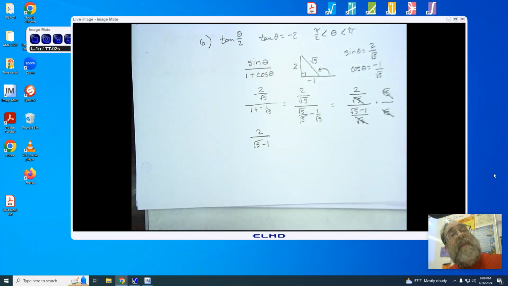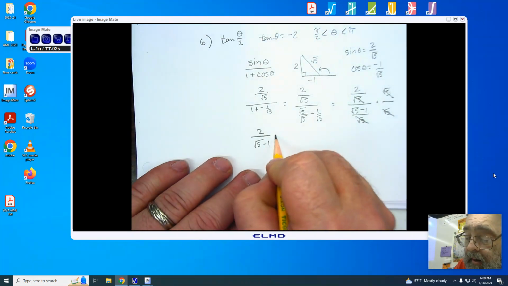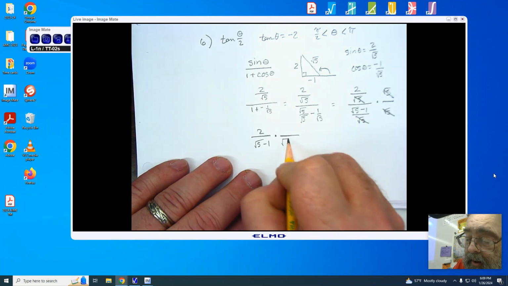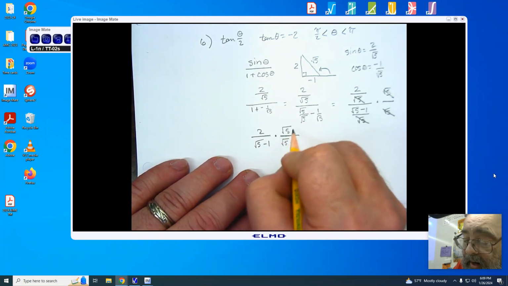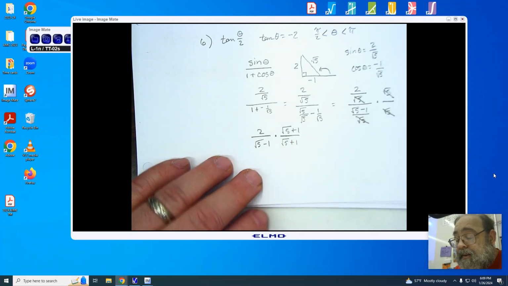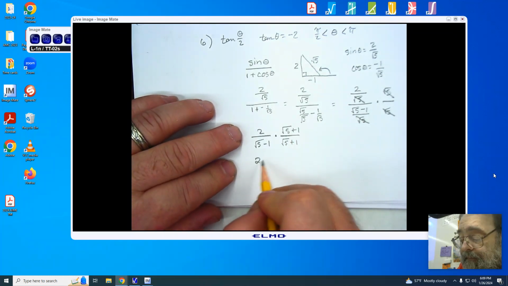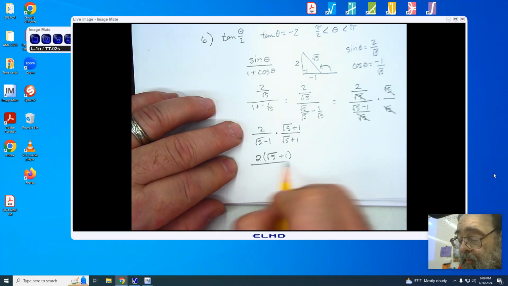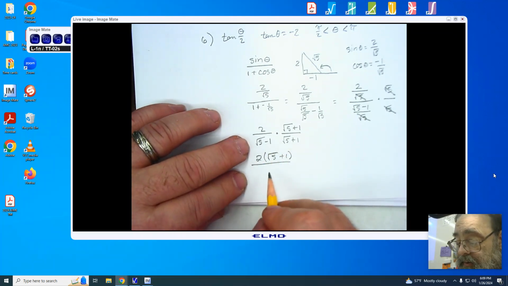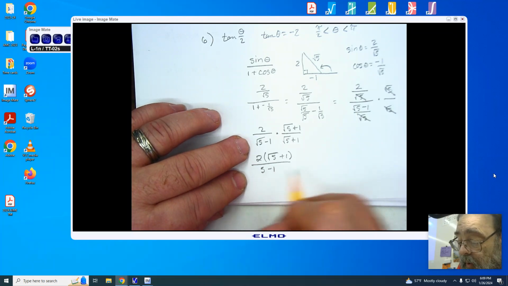Now our problem with this is that we have a radical in our denominator, and we are forced to multiply by the conjugate pair to get rid of it. Now I wouldn't go ahead and distribute immediately, as it may not be necessary. Let's go ahead and find out. We have 2 times the square root of 5 plus 1, and when I do the difference of squares, I end up with 5 minus 1.